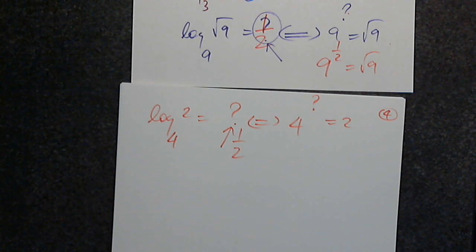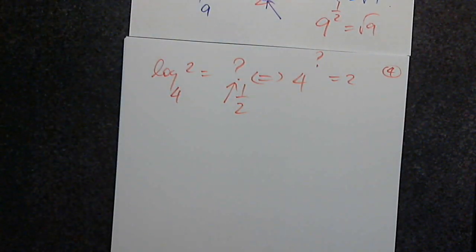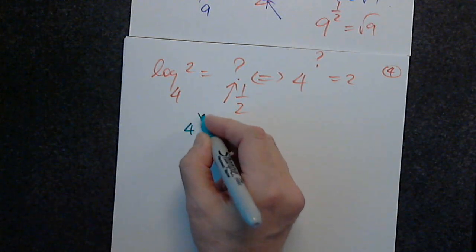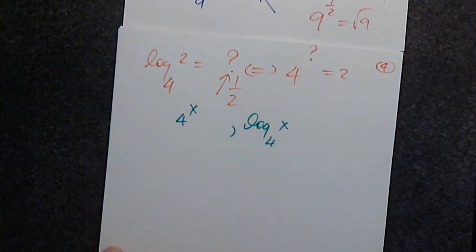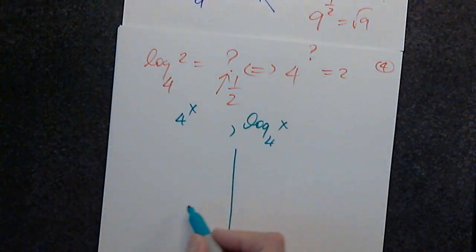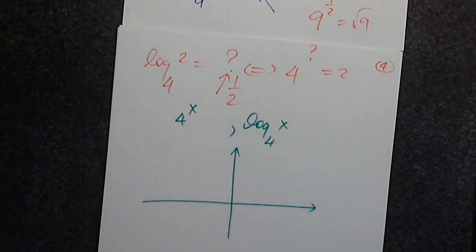Okay. Graph 4 to the x and log base 4 of x. So we're graphing two inverse functions, 4 to the x and log base 4 of x. 4 to the x is an exponential function. Is it increasing on all its domain or decreasing on all its domain?